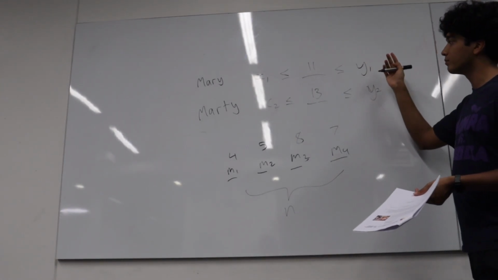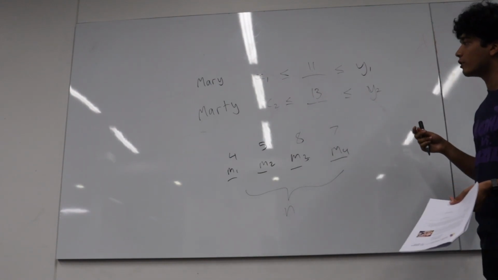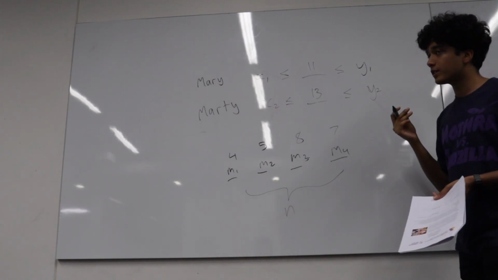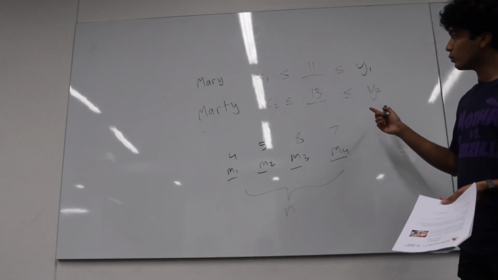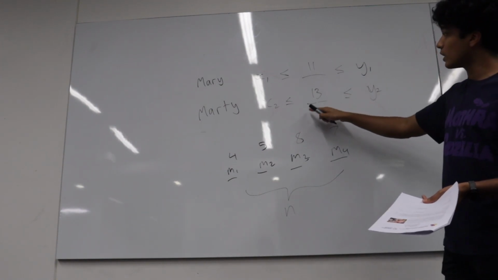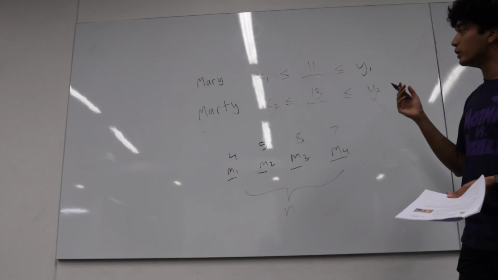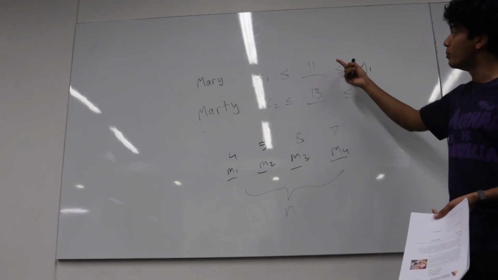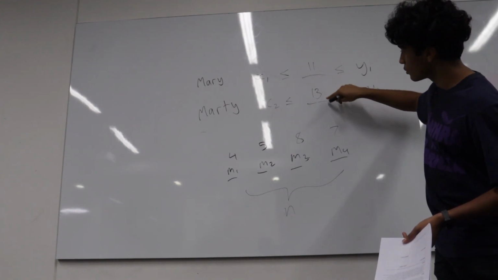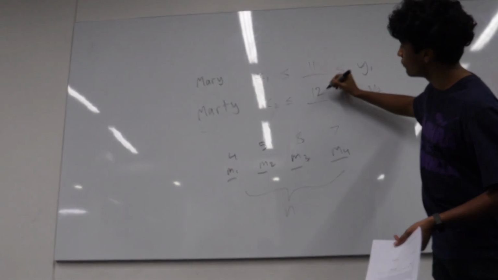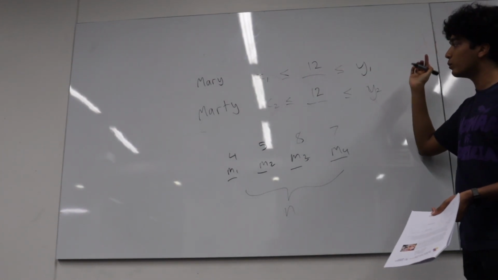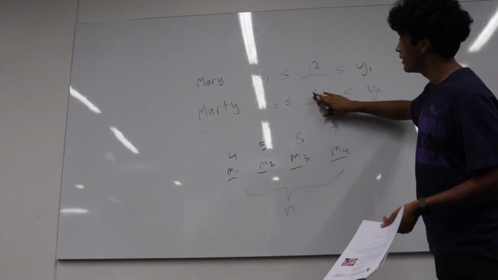And you can see that we haven't lost generality, so we could have given Mary the extra as well. And now if this doesn't fit our bounds, what we can do is give one of the pieces that we gave to Marty to Mary instead. So we're going to minus 1 from this, it's going to be 12, and we're going to add 1 to here. So this is 12. And then we can check if this fits the bounds as well.